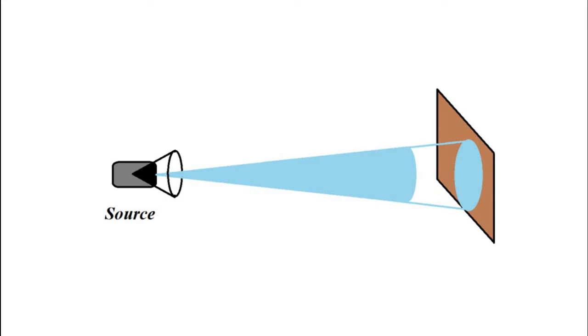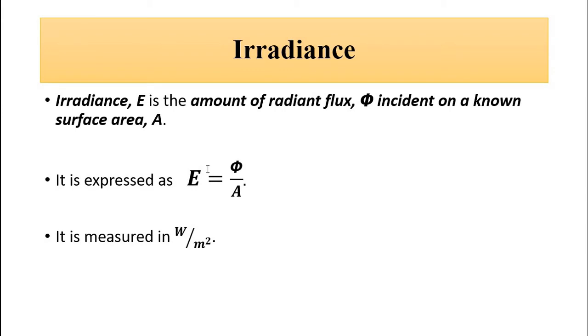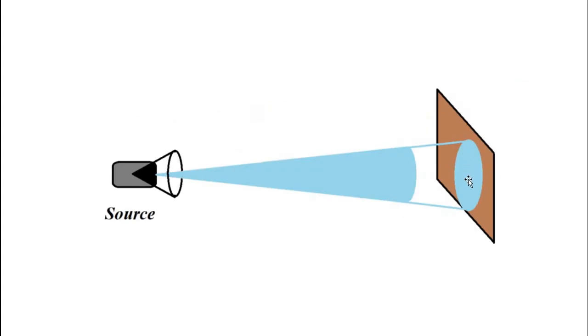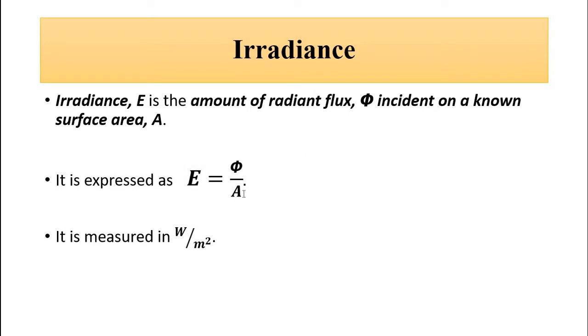On how much area of the surface the radiations fall gives us irradiance. It is the radiant flux incident on a known surface area, the ratio between the radiant flux and the area on which it falls. That ratio gives us irradiance, the radiant flux falling per unit area of a surface.